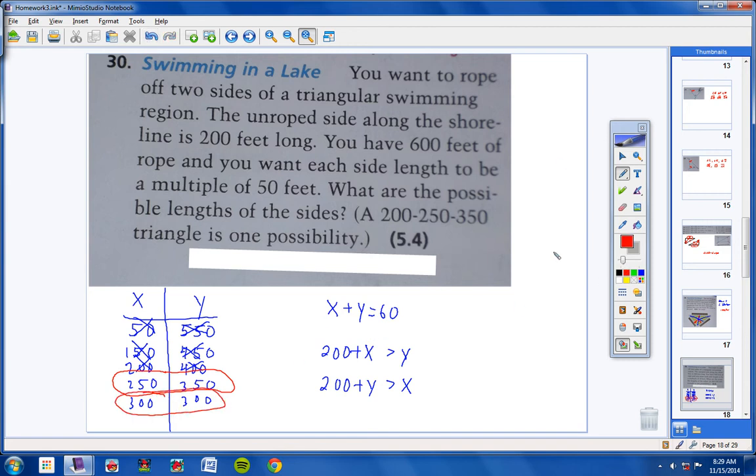Let's try 350 and 250. And I think we already have that one right here, so it should be okay. Let's check and make sure here. 350 for x, and 250 here, and it should be fine. Okay, and yes, it is. Totally good. All right. Okay, moving on.